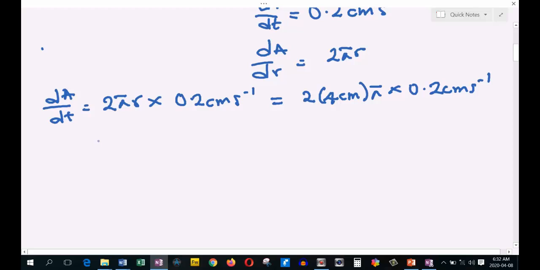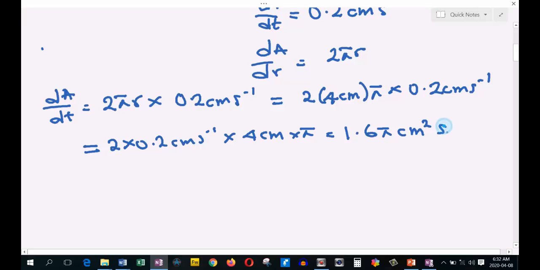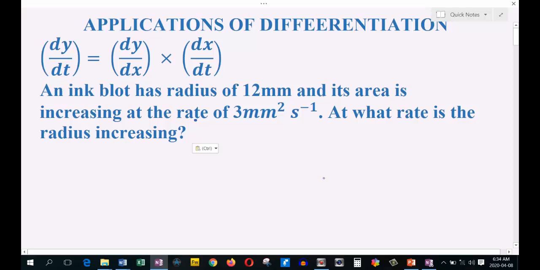This will give us 2 times 0.2 centimeter per second times 4 centimeter times pi. That will give us 1.6 pi centimeter squared per second. So the rate at which our area is changing is equal to 1.6 pi centimeter squared per second. That is our answer.